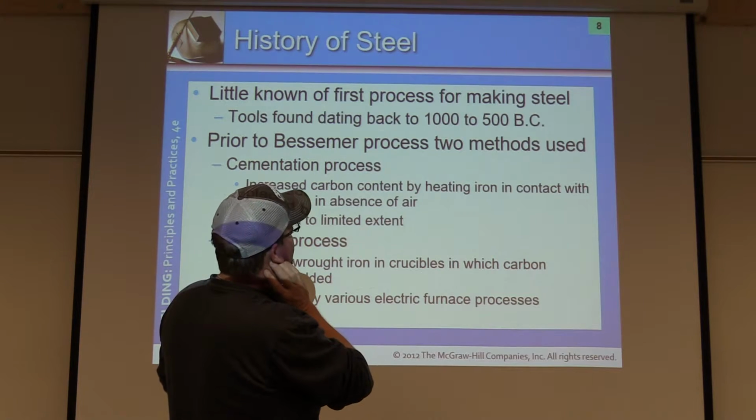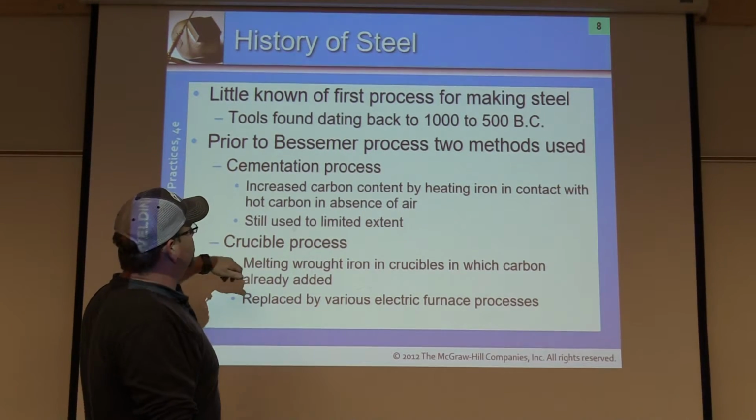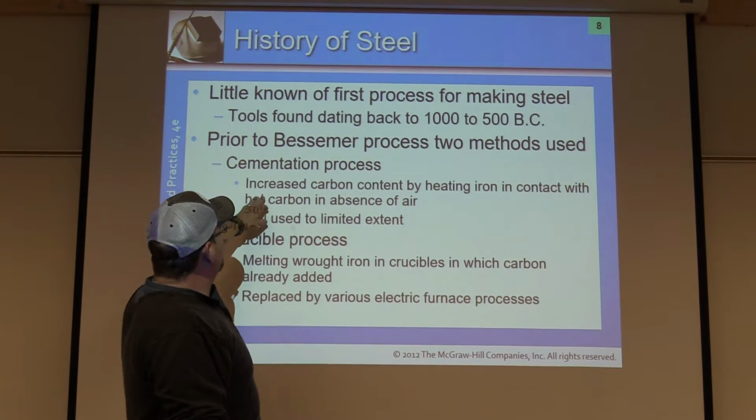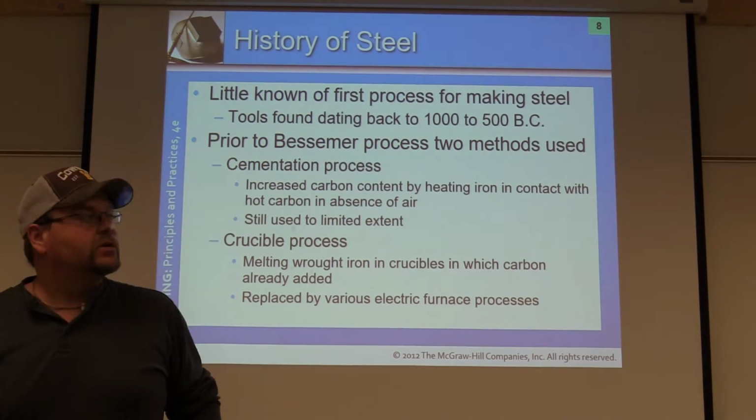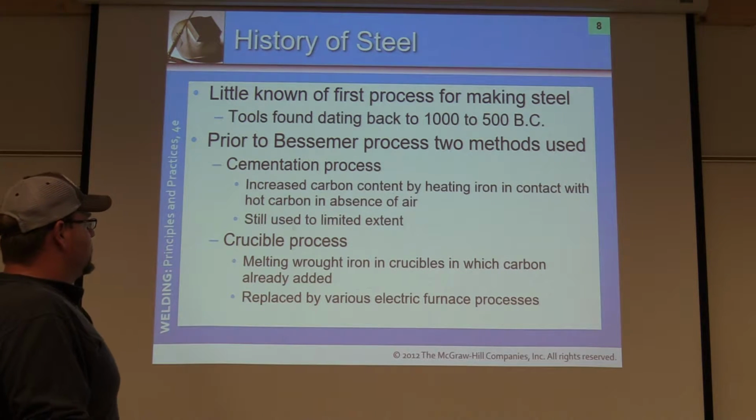Prior to the Bessemer process, two methods were used: the cementation and the crucible process. The cementation process is where carbon content is increased by heating iron in contact with hot carbon in the absence of air. Still used to a limited extent.